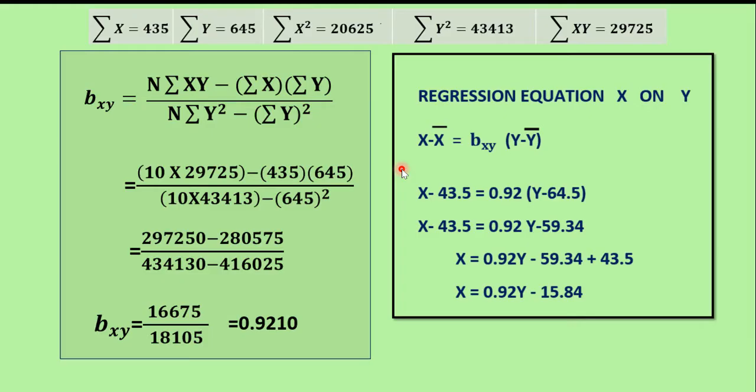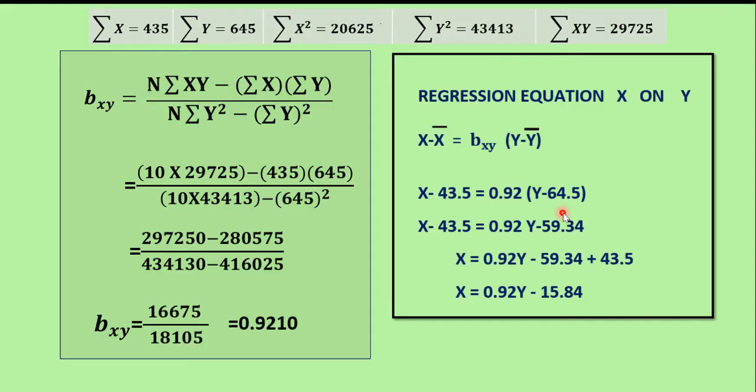X minus x bar is equal to bxy, y minus y bar. So what is your x? X minus 43.5. How did we get this value? How did we get x bar? X bar is summation x divided by n. So 435 divided by 10. So 43.5, and bxy is equal to 0.92.